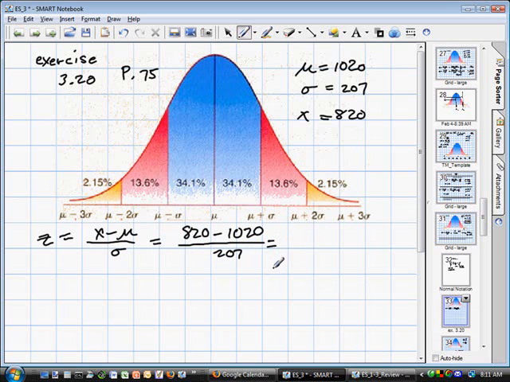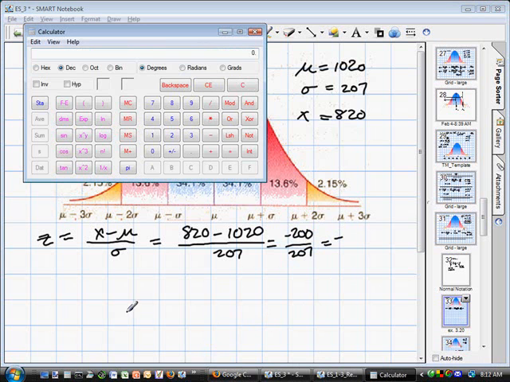So what is that? Negative 200 on the top, and on the bottom, 207. So this is going to be like negative 0.9 something? Let's quickly calculate to get it more precise. So we got 200 divided by 207. Yeah, negative 0.966.